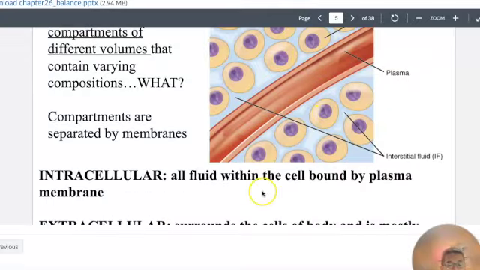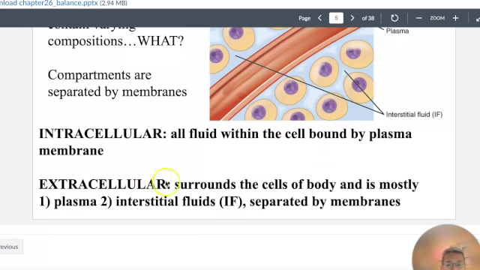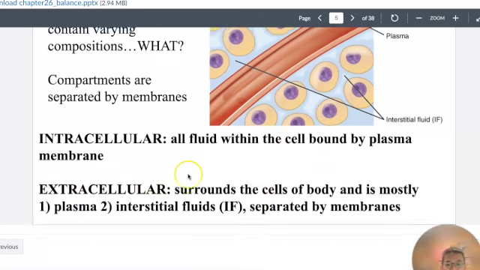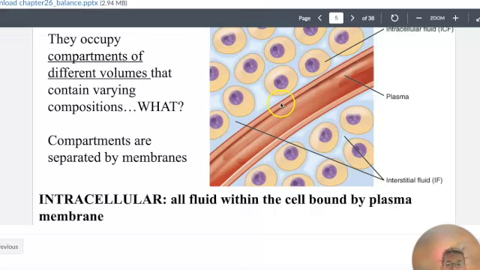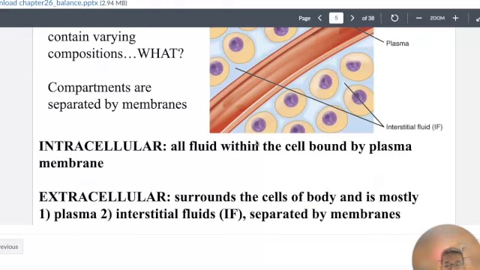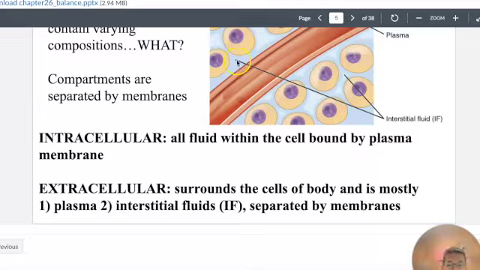Anything outside of the cell would be extracellular fluid, including plasma. Another term for extracellular fluid is the interstitial fluid. Interstitial fluid is an extracellular fluid, and plasma is an extracellular fluid. Don't get those confused for the test.